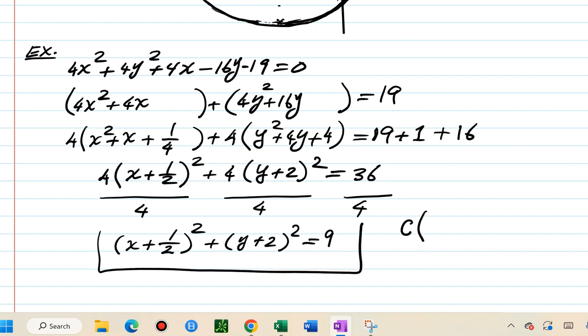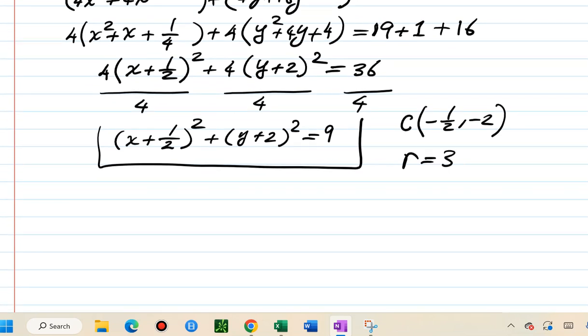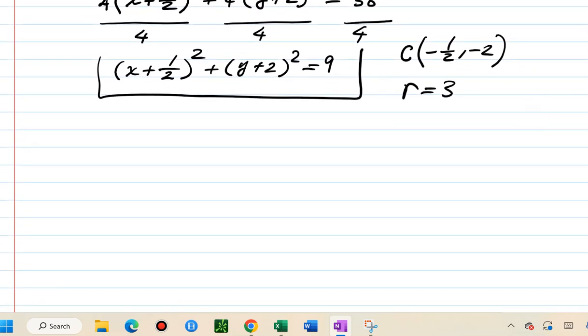So the center is going to be, remember, opposite of what it seems to be here: -1/2 and -2. And the radius will be the square root of 9, which is 3. And there you have it. We have the equation in the HK form, and we identified the center and the radius of this circle.